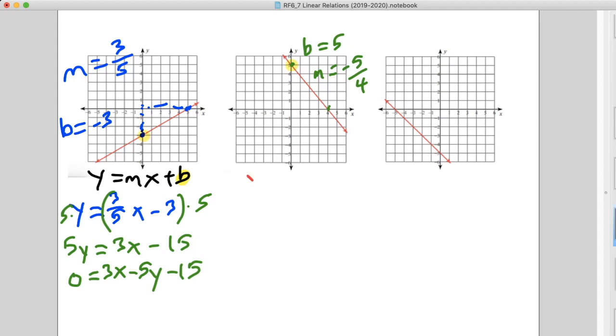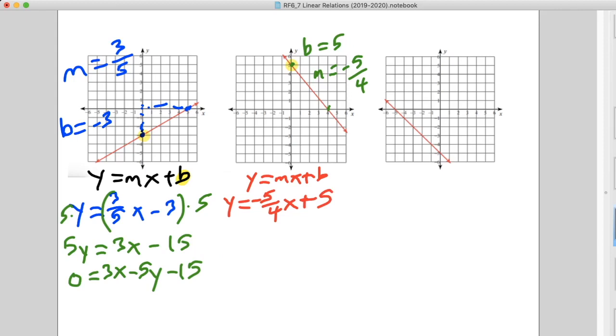Using y is equal to mx plus b, we're going to substitute in our values. Y is equal to negative 5 over 4x plus 5. And we are going to multiply both sides by 4 because we want to get rid of this fraction here.